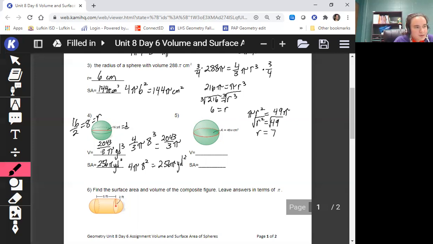So then we can plug that in for our volume. So 4/3 times pi times 7 cubed equals 196 thirds pi centimeters cubed. And then our total surface area, 4 pi 7 squared, equals 196 pi centimeters squared.